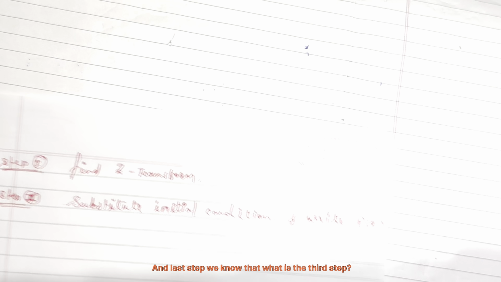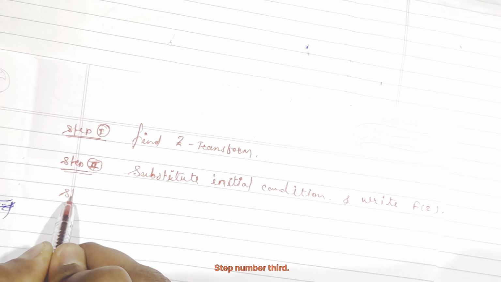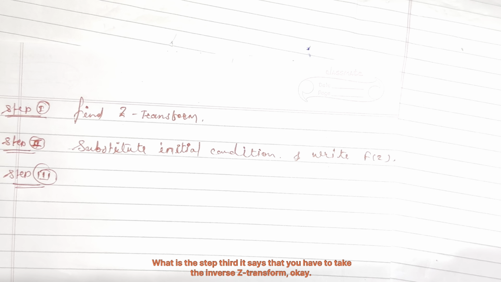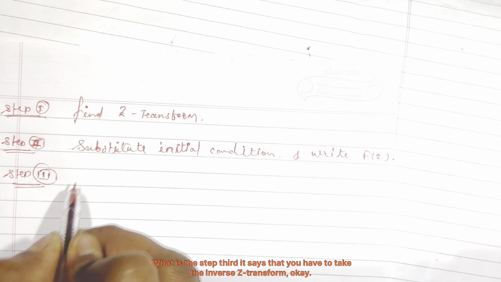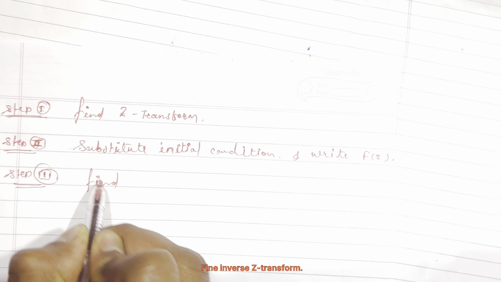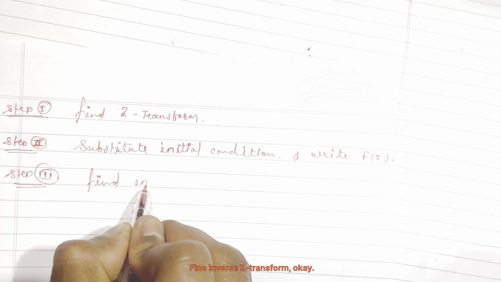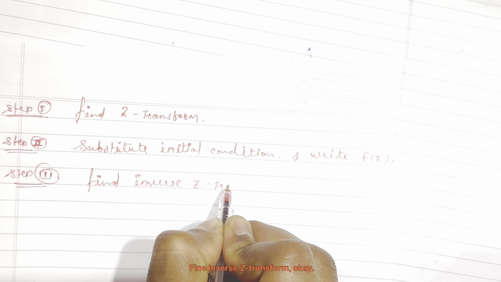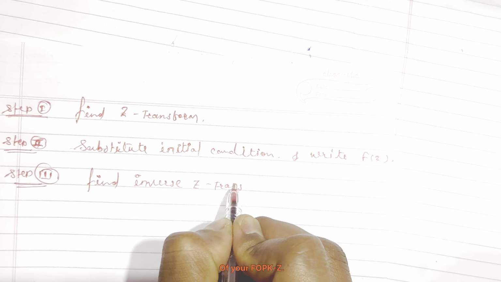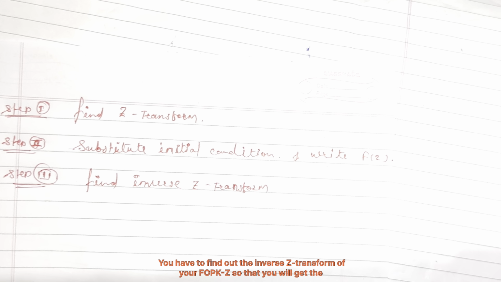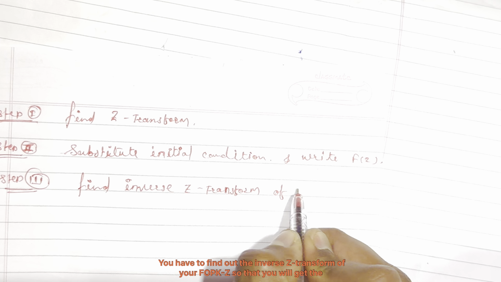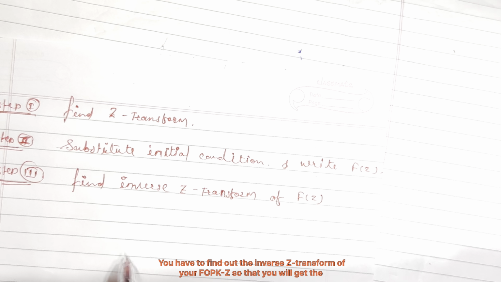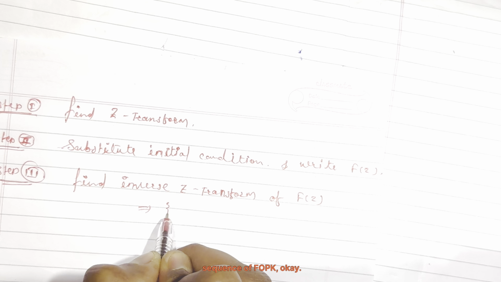And the last step, we know that. What is the third step? Step number third. It says that you have to take the inverse z transform. Find the inverse z transform of f of z, so that you will get the sequence f of k.